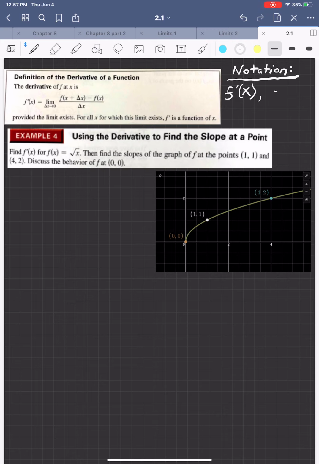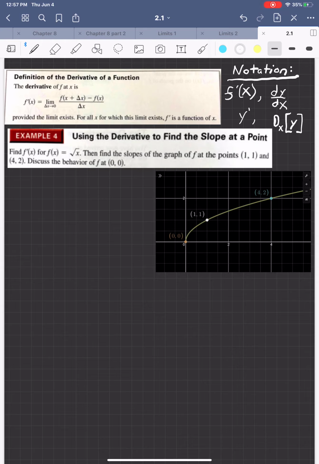The other one that we're going to use a lot is dy dx. Other forms look something like this. y prime would be another notation. Depending on how old your textbook is, you may see notation that looks like this as well. But nevertheless, all of them mean the derivative.